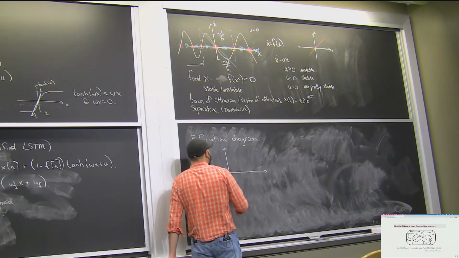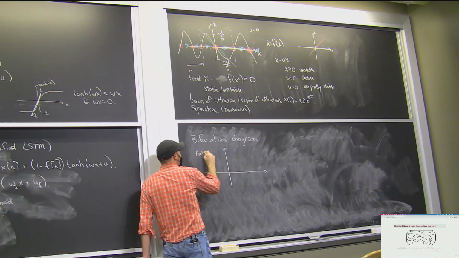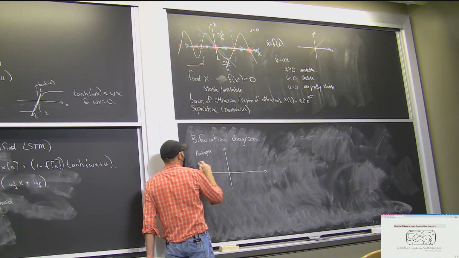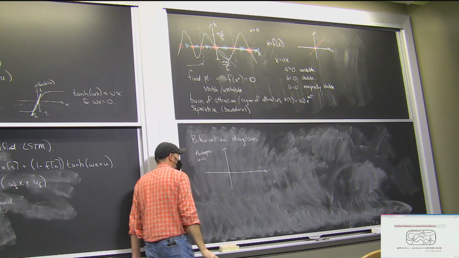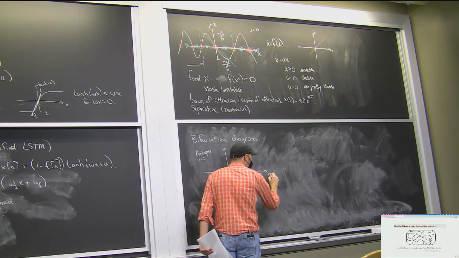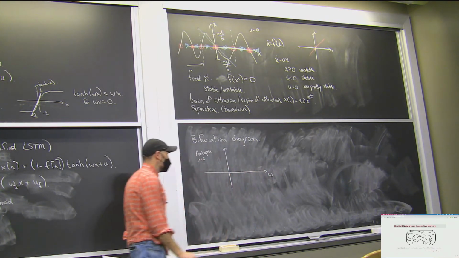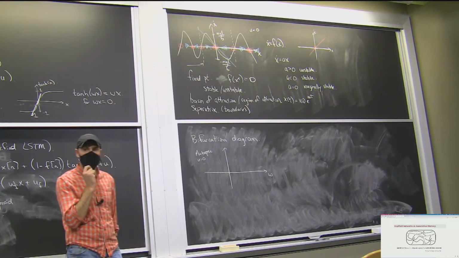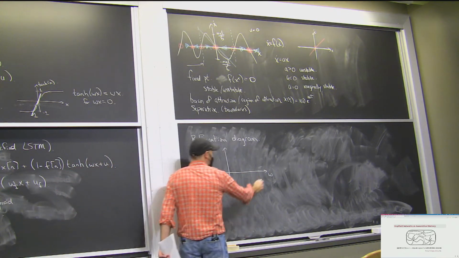So let's think about the Autops model here. We'll say u equals 0 for this case. And what I'd like to plot in a bifurcation diagram is the sensitivity of the fixed points as a function of the parameter w.